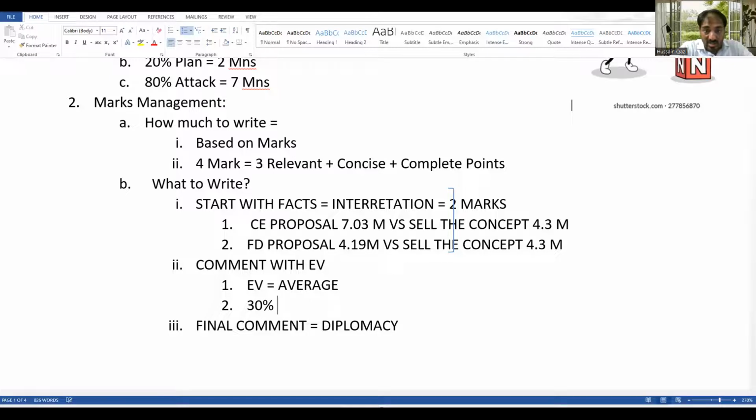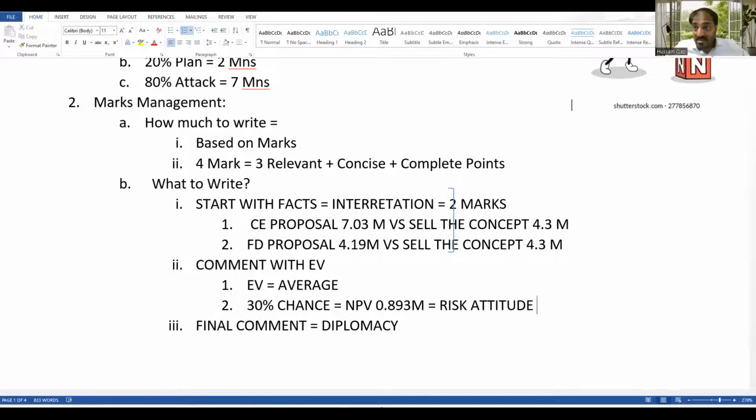Moreover, in this question, there is a 30% chance that NPV is only 0.893 million. With this 30% chance, we have identified the risk attitude.